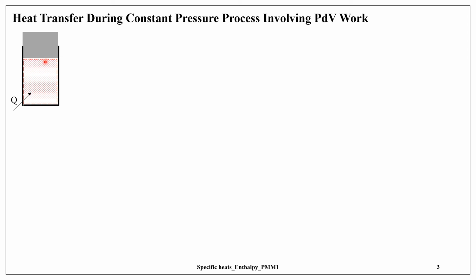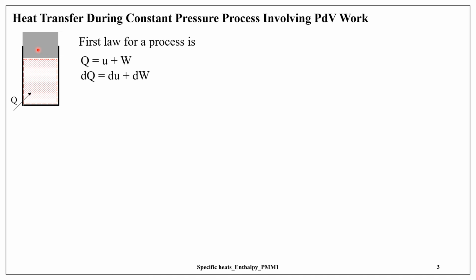In this example, the area of the piston is constant. So when the pressure increases, load increases. Or in other words, in order to maintain the pressure constant, the piston size or the weight of the piston increases.